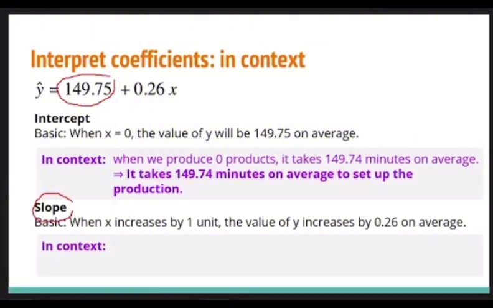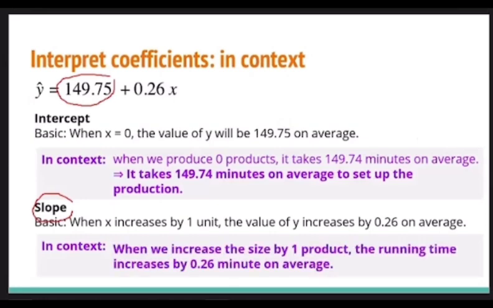You must mention average at all times. Whether you are interpreting the intercept, you're going to mention on average. Whether you are interpreting the slope, you're going to mention on average. Does that make sense? Okay, now what about in the context? In the context now, when we increase the size by 1 product, don't forget, the production quantity is x.